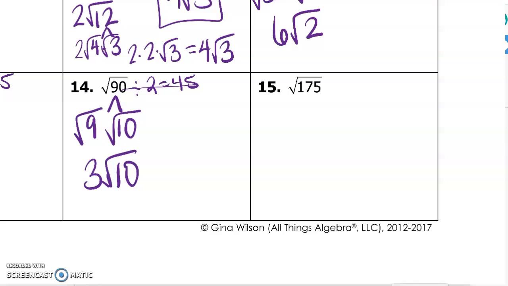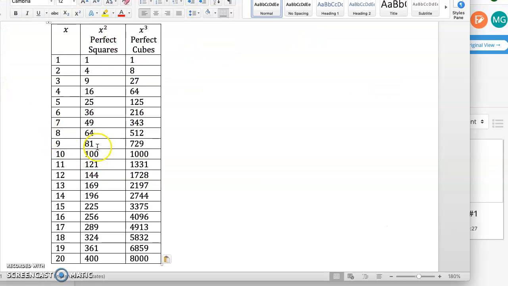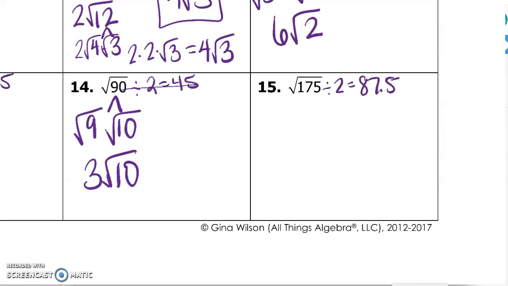175. If you want to do the process, 175 divided by 2 is 87.5. So when we look at our list, our first one we would check is 81. So 175 divided by 81 doesn't work, divided by 64 doesn't work, 49 doesn't work, 36 doesn't work, 25 is what works.